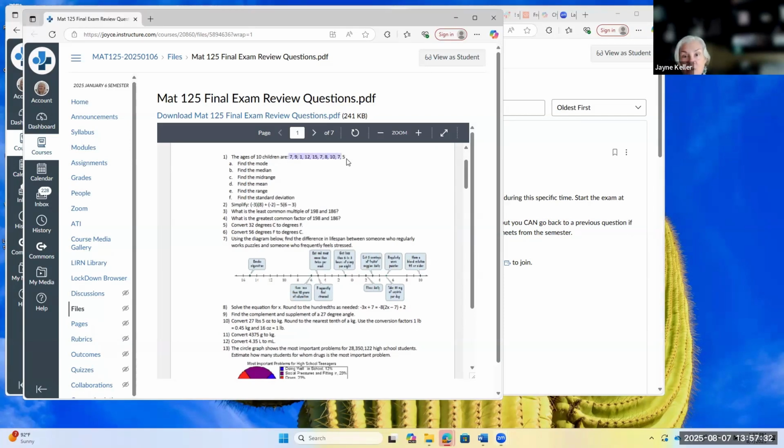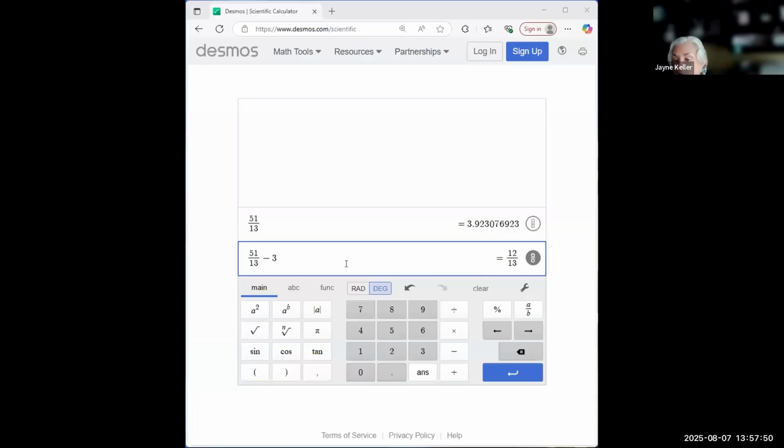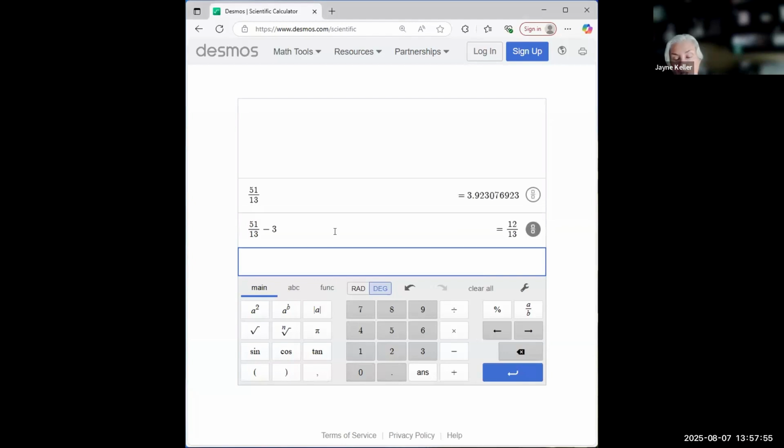So I'm just going to copy these ages, go over to my Desmos, add a new line here, and paste those in. And then I can do something like mean, parentheses, and it will do that for me.